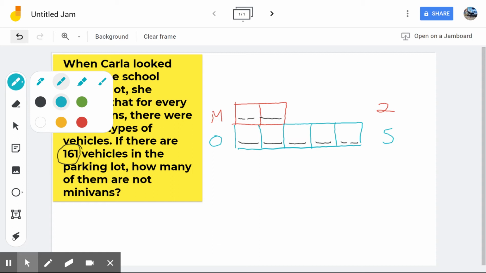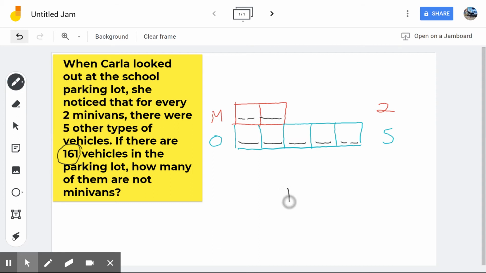And I know that I have to divide 161 vehicles into seven equal groups because I have one, two, three, four, five, six, seven equal groups. So this requires me to be pretty decent at division. How many sevens make a 16? I know that's two. I've divided 14 out of the 16.